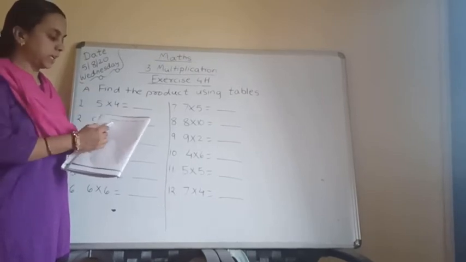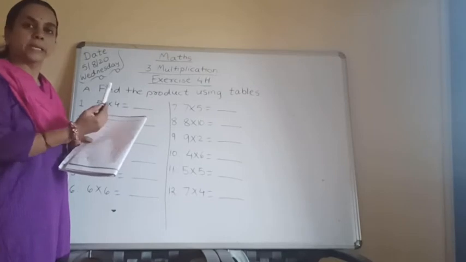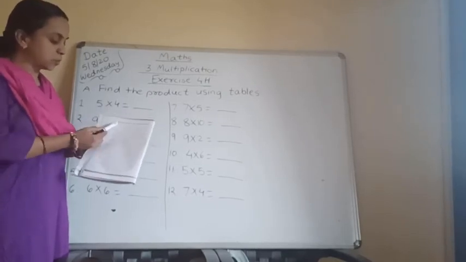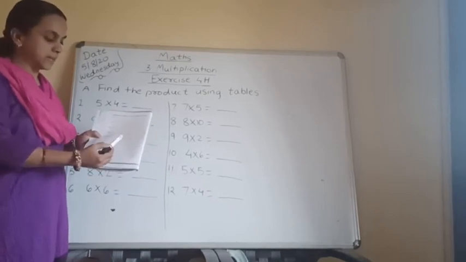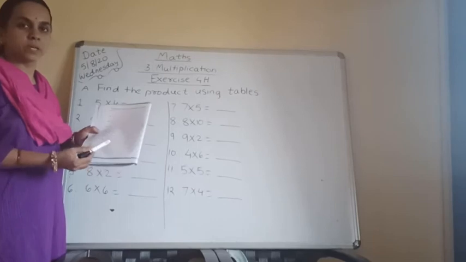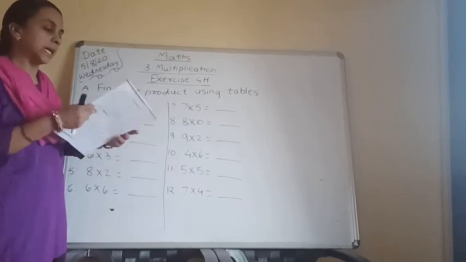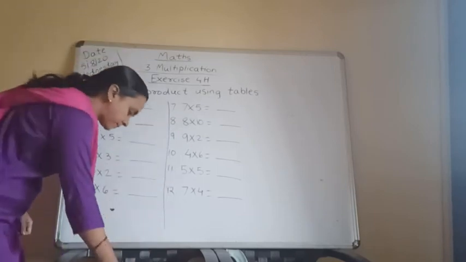Okay, so we can say that repeated addition is nothing but the multiplication. So we can see all the tables from 2 to 10. You can see here all the tables and you can learn it properly, or you can write down in your notebook, rough notebook.